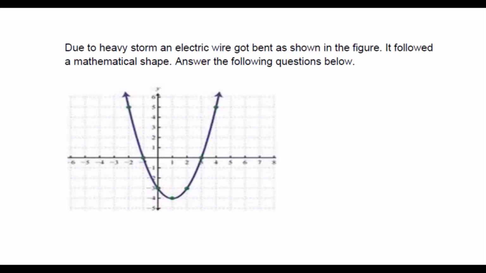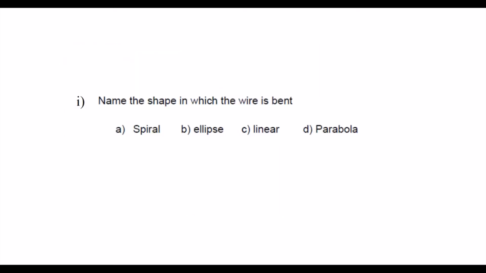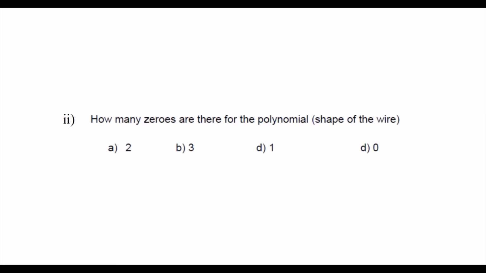Now the case study based question. One graph is given. Based on that, questions are there. Name the shape: it is a parabola. How many zeros? At how many points does it intersect the x-axis?